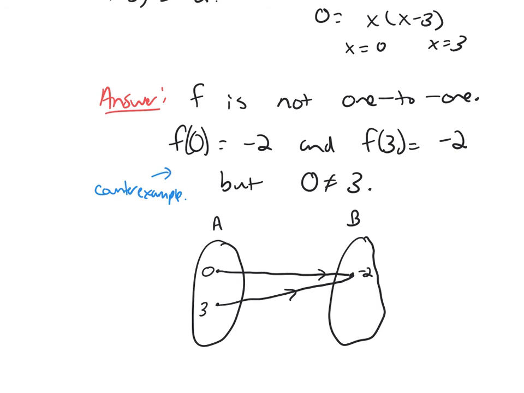So you can't have two arrows coming in to a single element here. That's the problem, if I look at -2, I have two arrows coming in. So that can't happen if you want your function to be one-to-one or injective.